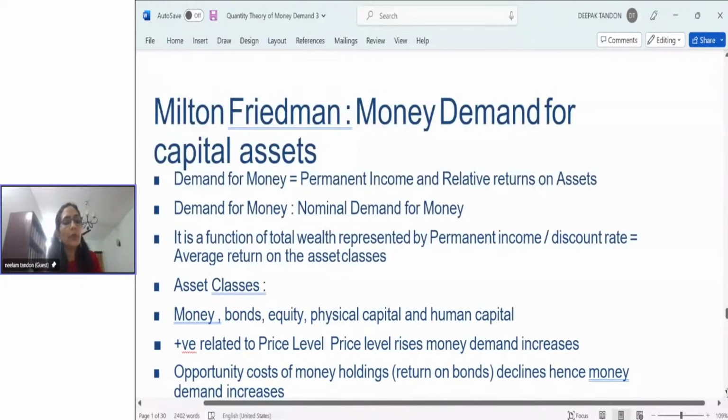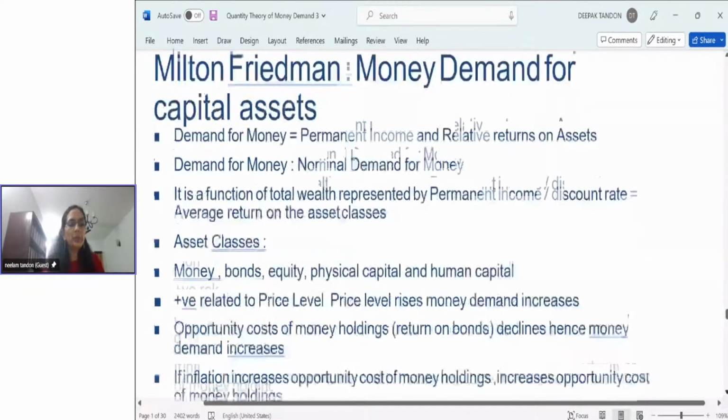So this is how Milton Friedman's demand is more refined, I would say, in today's context, because asset classes cannot be confined only to bonds, which we have shared till now. It also includes equity. People invest a lot in houses and real estate, and people today are investing a lot in education. So these are the asset classes which were included by Milton Friedman.